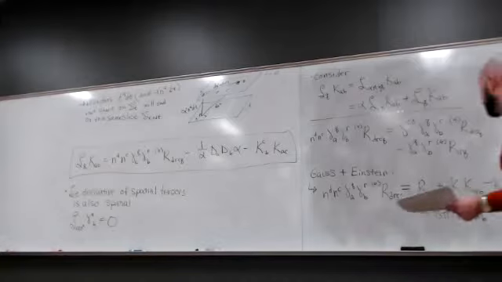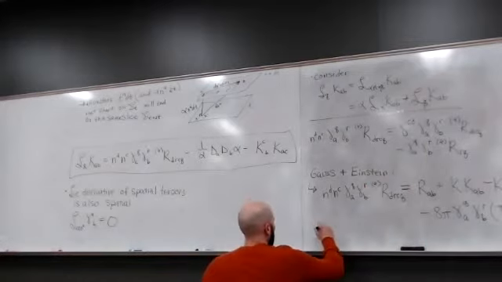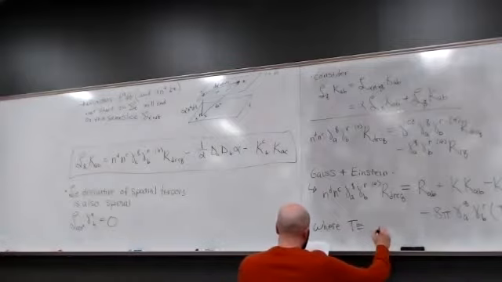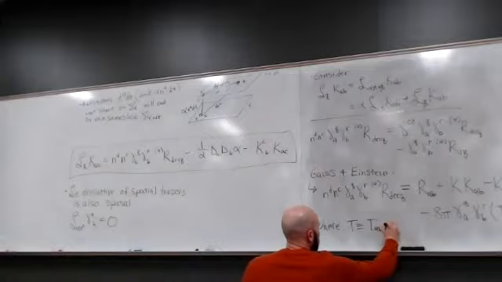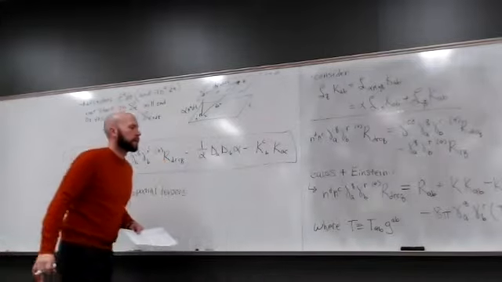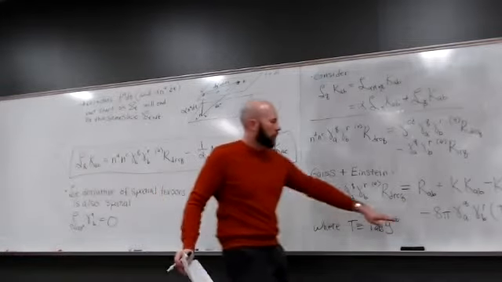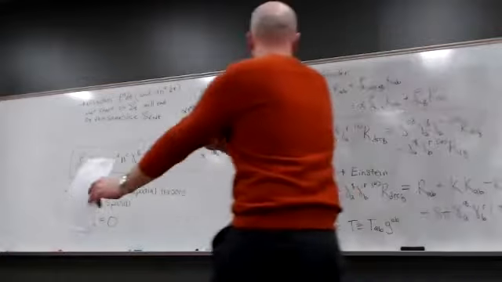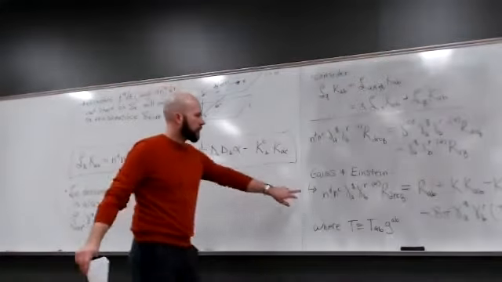Let me write that out explicitly, where T is defined to be the trace of the stress energy tensor, TAB, GAB, the 4 metric. And again, this term came from the Einstein equations, right? And now it involves physics.